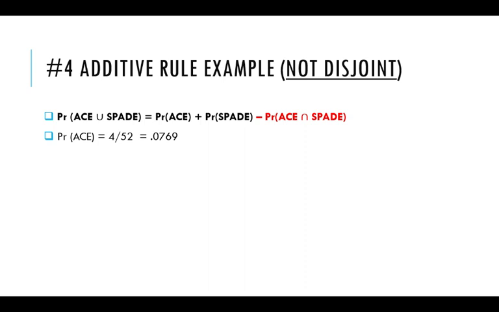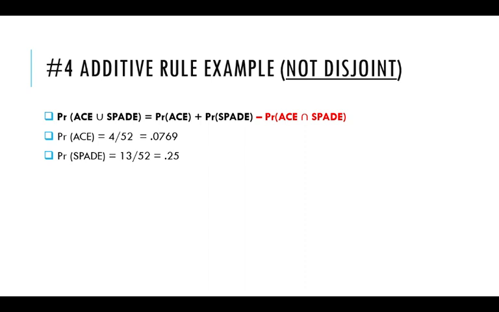So the probability of getting an ace is 0.0769. And the probability of getting spades, well, there are 13 spades out of 52 in a deck, because remember there's 4 suits, so it's going to be 1/4 of the deck, equals 0.25.